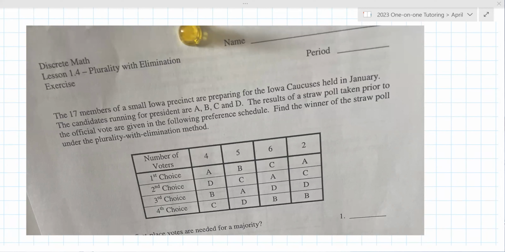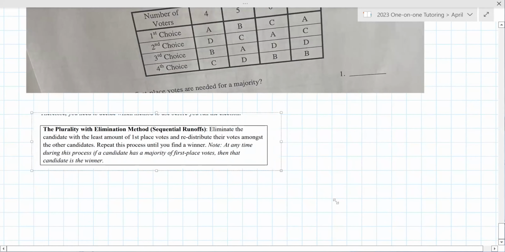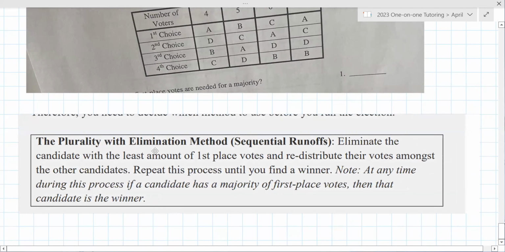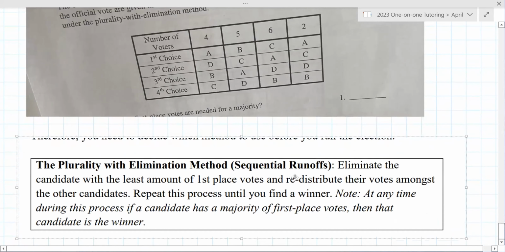Okay, so let's read this. I think this is really helpful. This is very concise. The plurality with elimination method: eliminate the candidate with the least amount of first place votes and redistribute their votes among the other candidates. Repeat this process until you find a winner. Note that at any time during this process, if a candidate has a majority of first place votes, then the candidate is a winner.